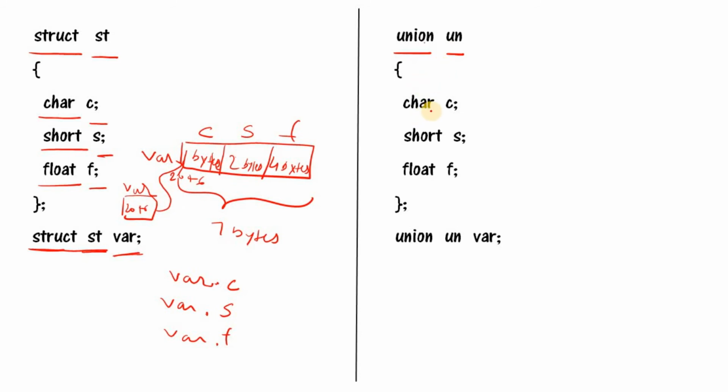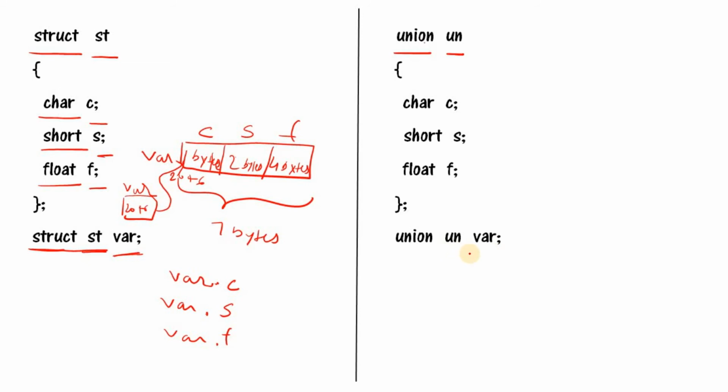Here we are defining one union with the same variables: one is a character type variable c, one is a short type variable s, and one is a float type variable f. Now we are declaring a variable of this union. Look at this union, un, the variable name, as we were taking var only. We are getting memory allocation from here.